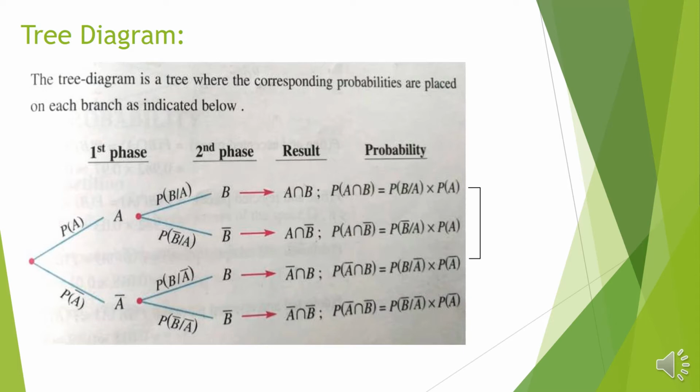The event B occurred through who? A bar. So this branch is probability of B such that A bar. This one is probability of B bar such that A bar.